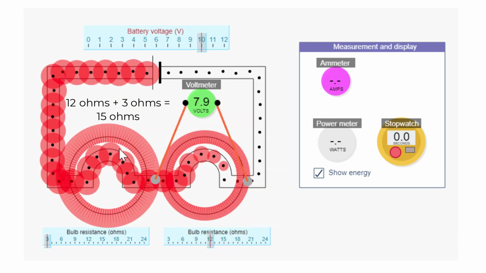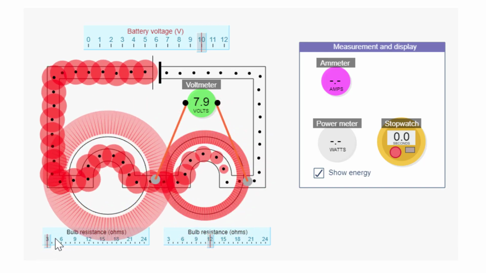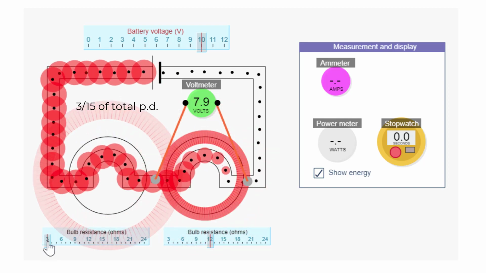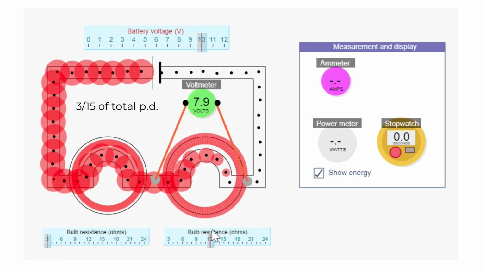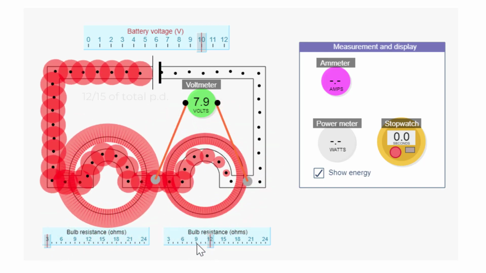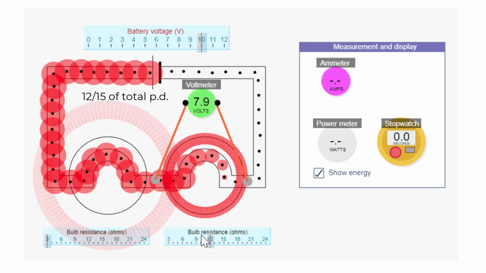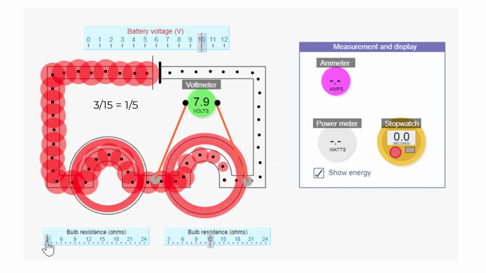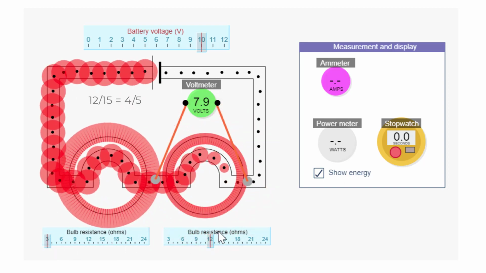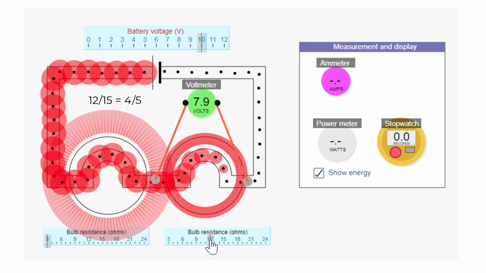So this bulb here gets 3/15ths of the total PD. And this bulb here gets 12/15ths of the total PD. So 3/15ths is 1/5 and 12/15ths is 4/5.